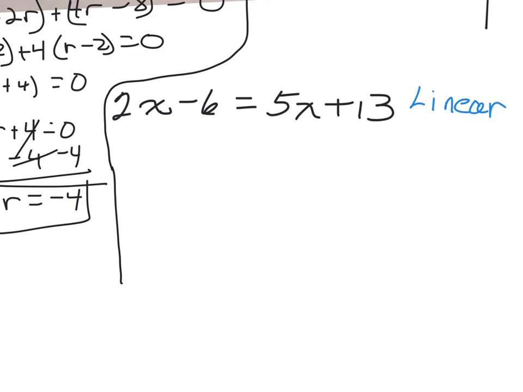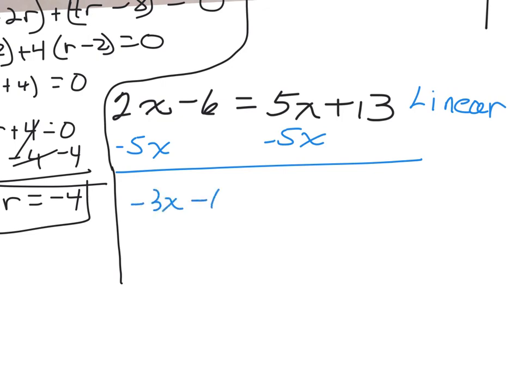So if we put our x's together, maybe I could subtract 5x from both sides. And give us negative 3x minus 6 is equal to, those cancel, and we get 13.